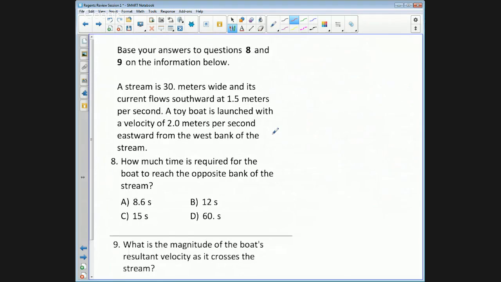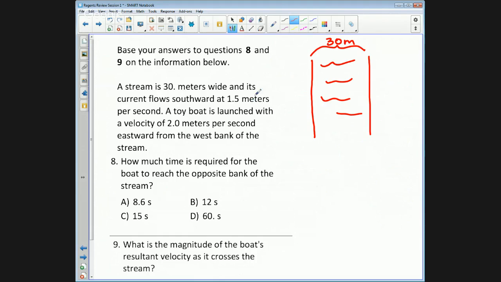So for this one, depending on how much time you'll have, I suggest drawing a picture. Here's my river. And it says that it's 30 meters wide. This is my west side. This is my east side.